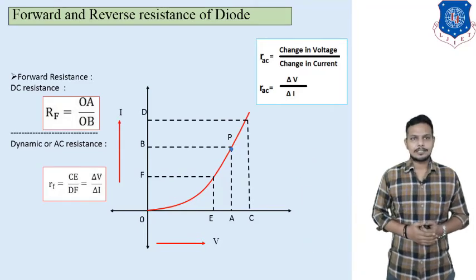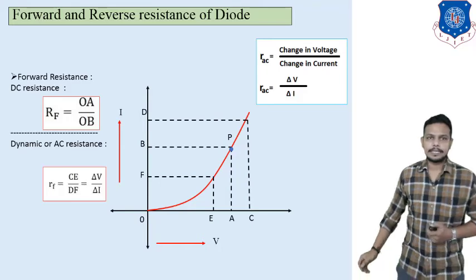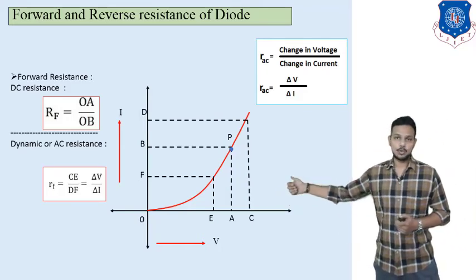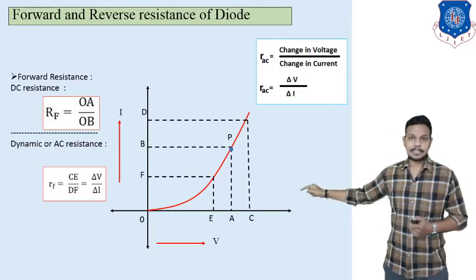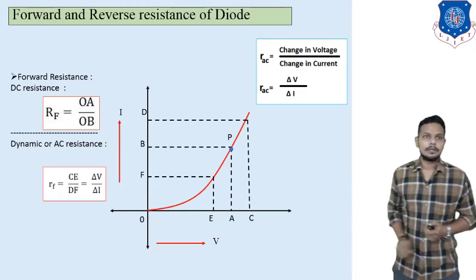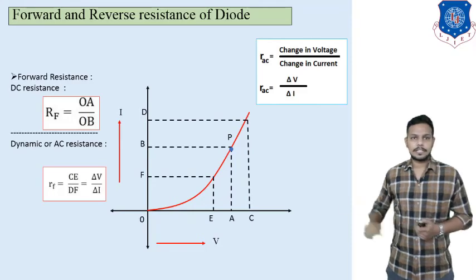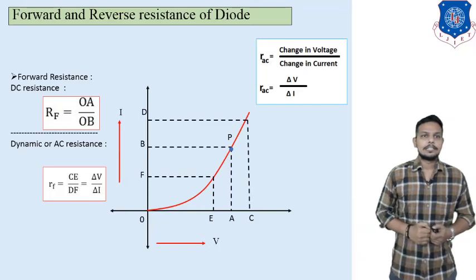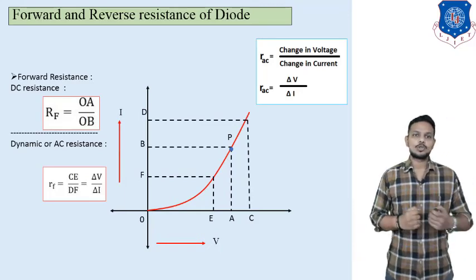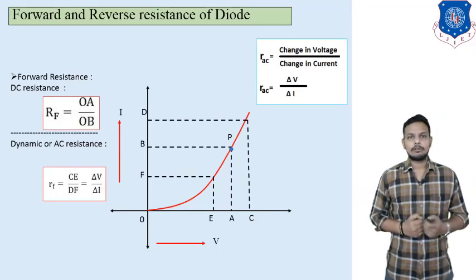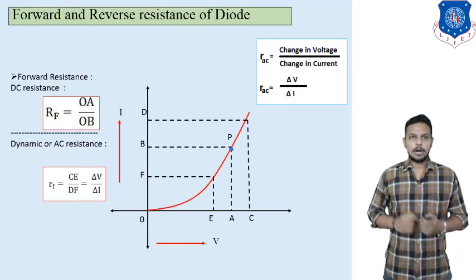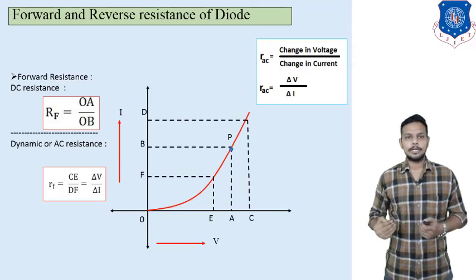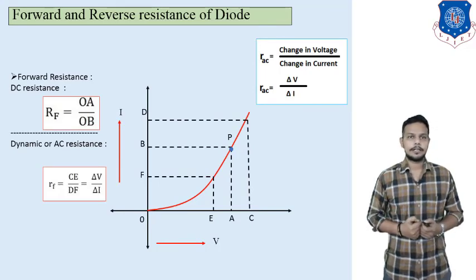The forward resistance RF is equal to 0 to A on the x-axis for voltage, and on the y-axis 0 to B. So 0A upon 0B is the forward resistance, or we can say the DC resistance, for a fixed value of voltage and a fixed value of current.